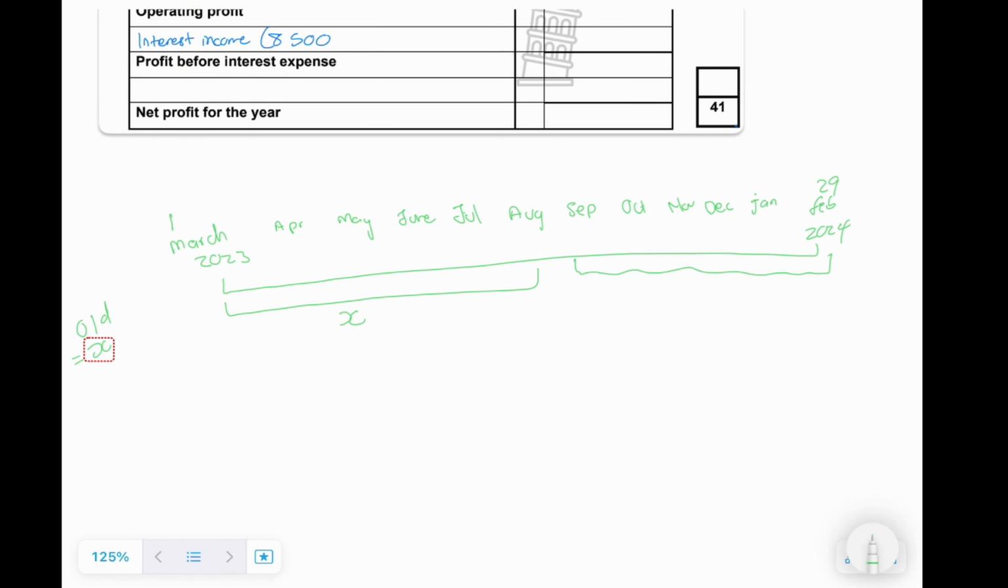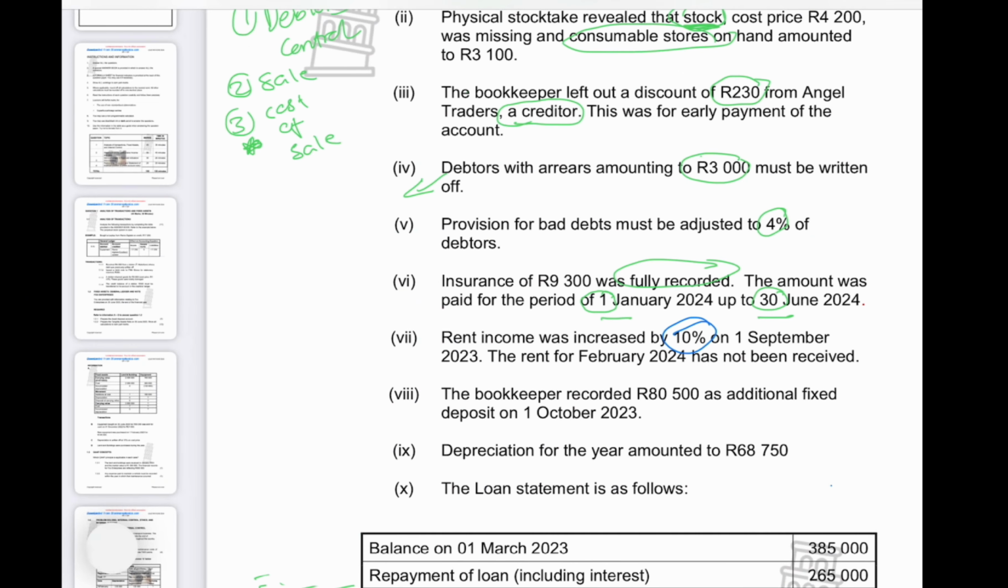It was March, April, May, June, July, and August. So that was 6 months. So from March until August, we have 6X: 6 for 6 months, X is the amount that we don't know. Please remember that in the adjustment, they said that the rent for February 2024 has not been received.